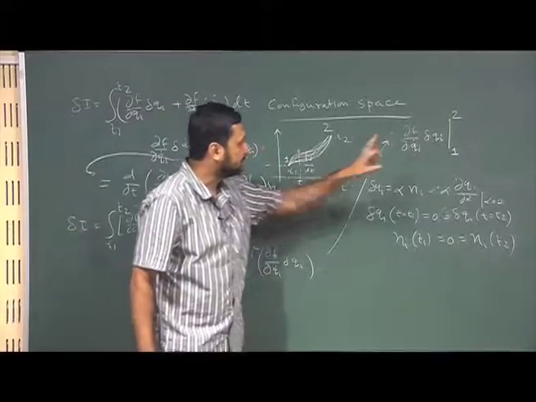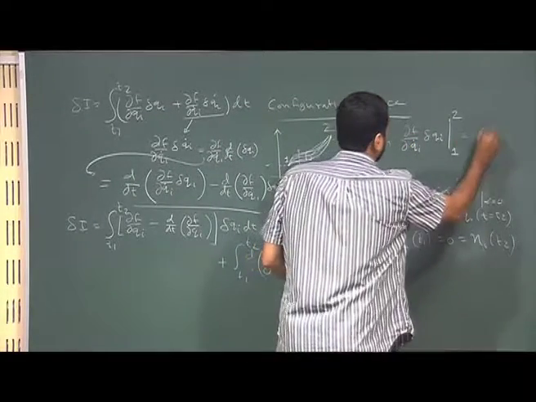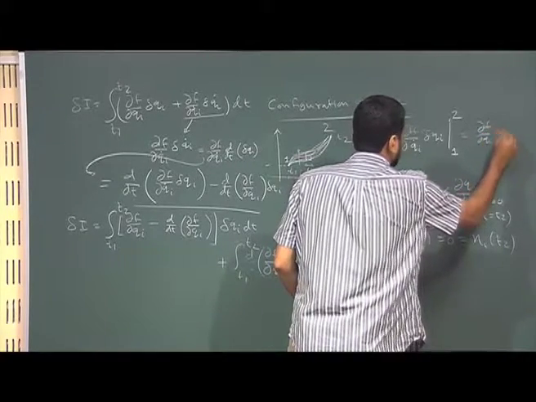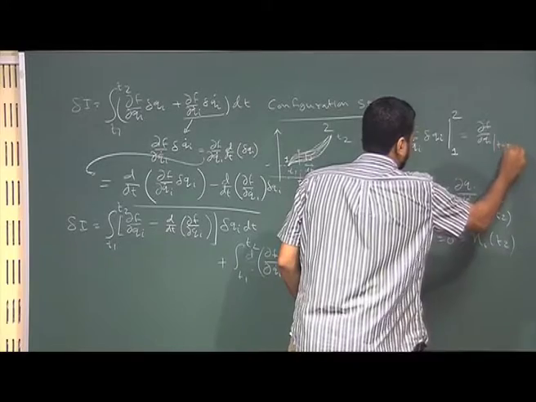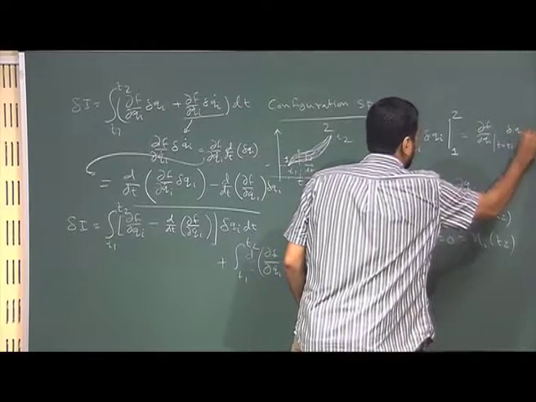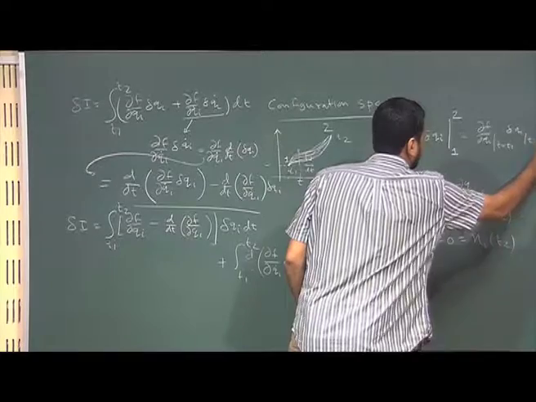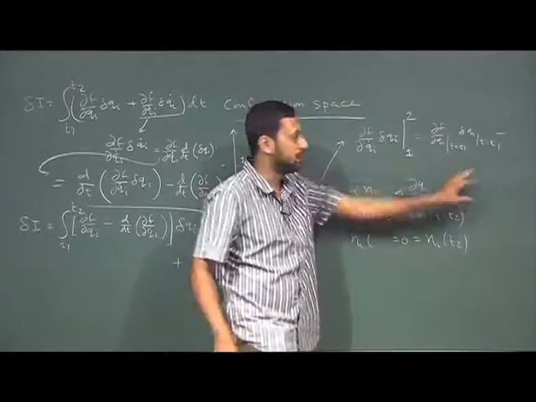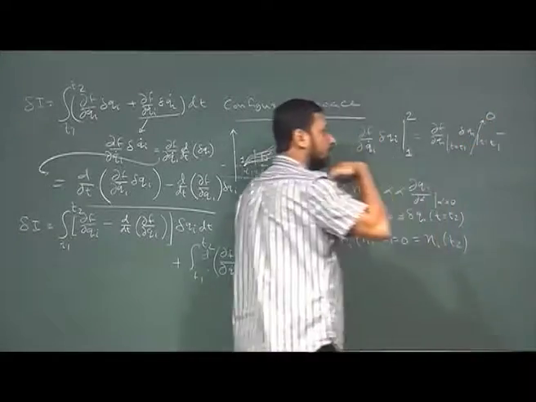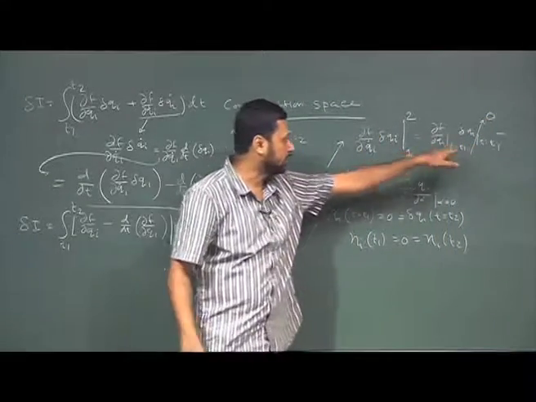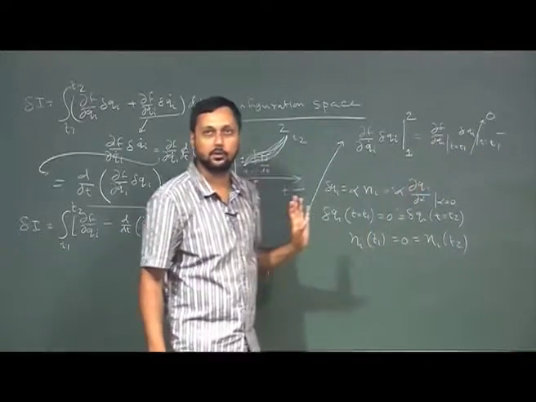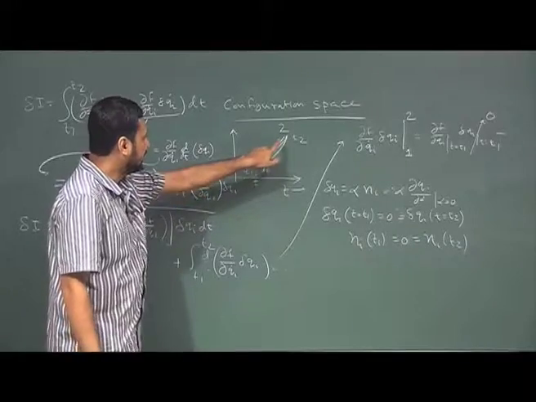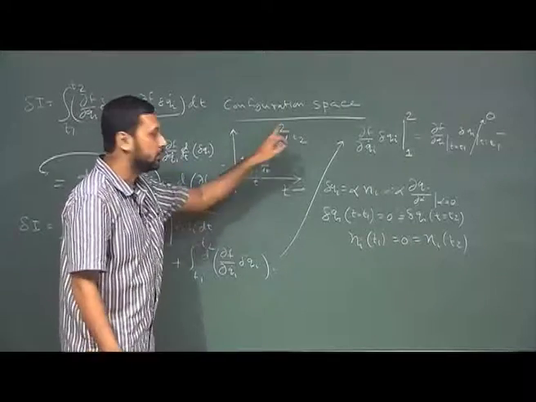Now, if this is the case, this will be del f del qi dot evaluated at t equal to t1 and delta qi evaluated at t equal to t1, minus the same thing evaluated at t equal to t2, but this is equal to 0, and the second term, with delta qi evaluated at t equal to t2, will also be equal to 0. And this is how the variation is defined. I mean, the integration is defined, we can have variation in between the fixed points.